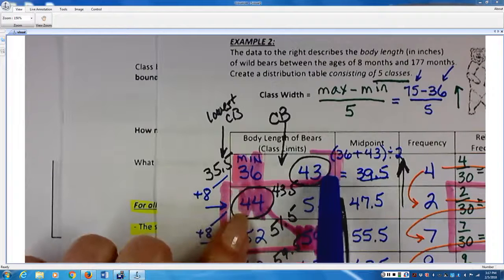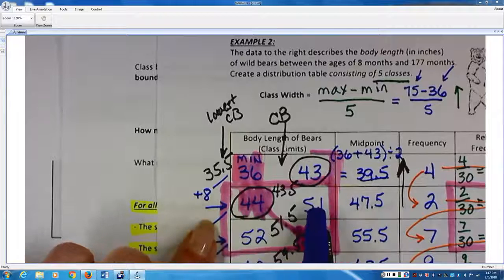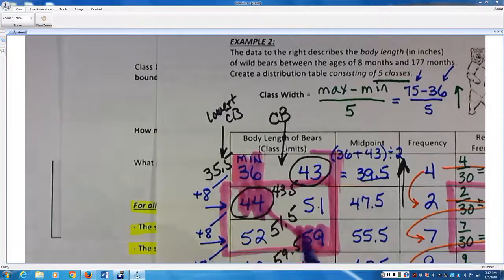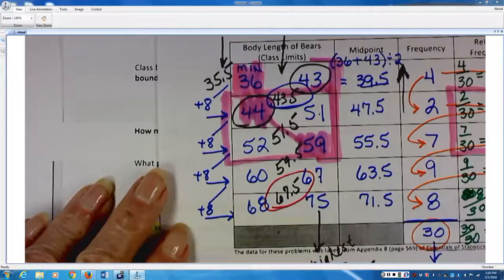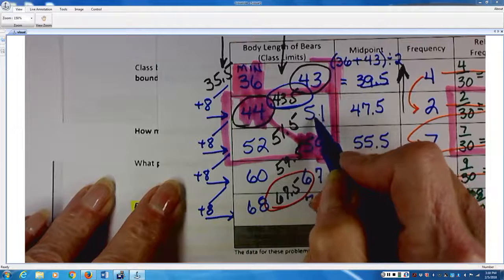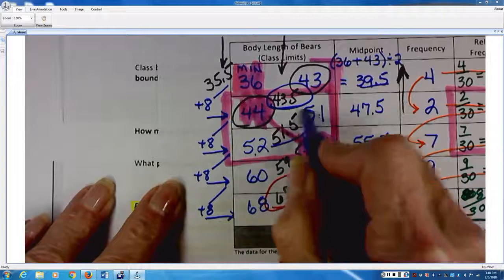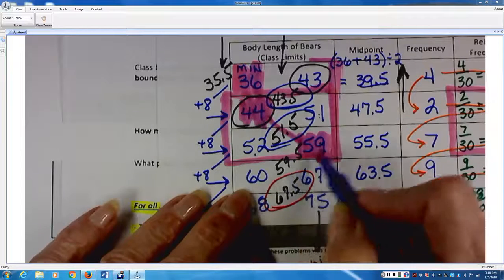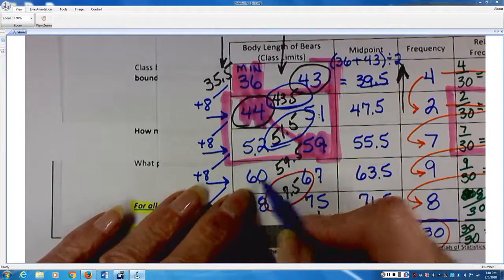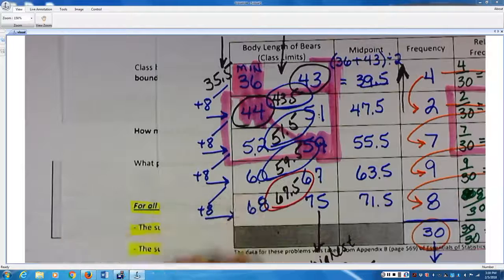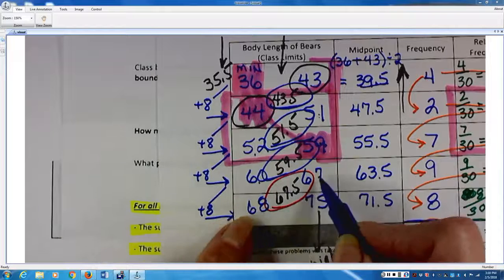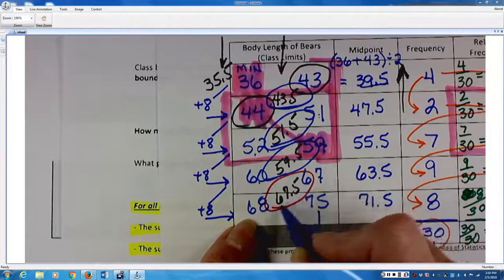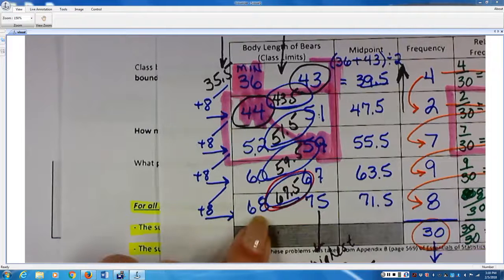That class actually met with the next class at 43.5. That was the class boundary. And then the upper class boundary for the next class met halfway between 51 and 52. So that was 51.5. And for the next one, it was halfway between 59 and 60, which would have been 59.5. And then these two classes came together at 67.5, halfway between 67 and 68.